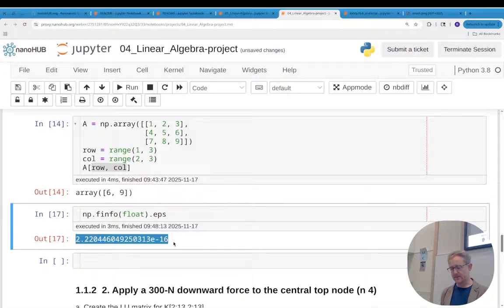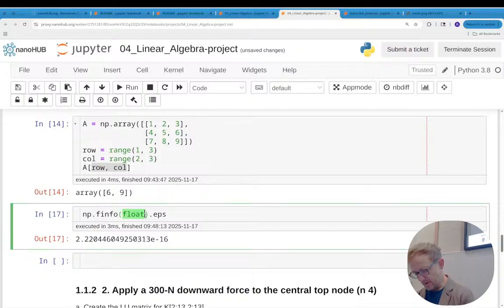But now you can always go and find it. Usually, at least for 64-bit machines, it's always this number, 2 times 10 to the negative 16. If you happen to be on an old school 32-bit machine, it'll be different.